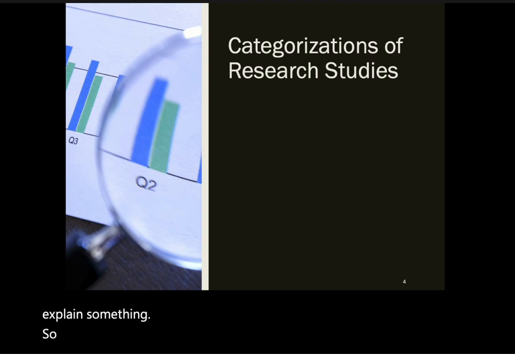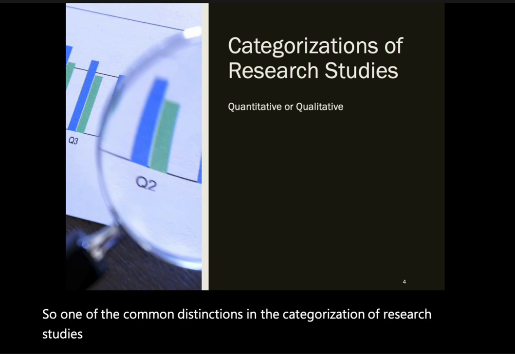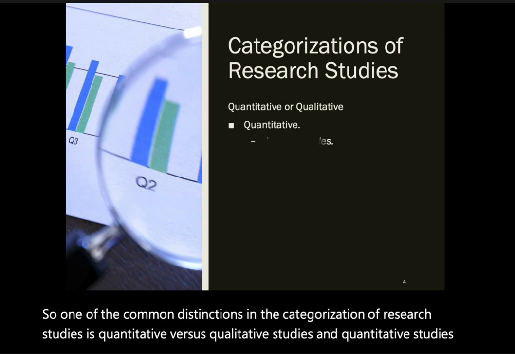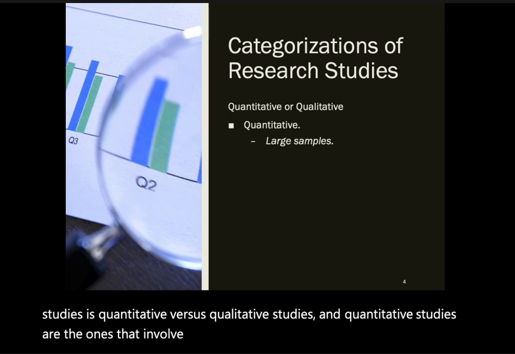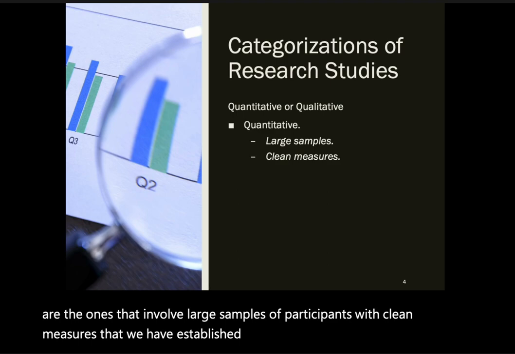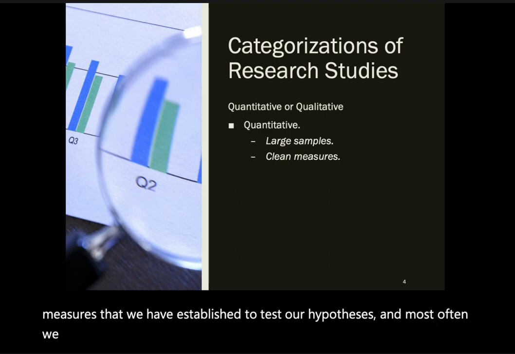So, one of the common distinctions in the categorization of research studies is quantitative versus qualitative studies. And quantitative studies are the ones that involve large samples of participants with clean measures that we have established to test our hypotheses. And most often, we are testing an established theory.